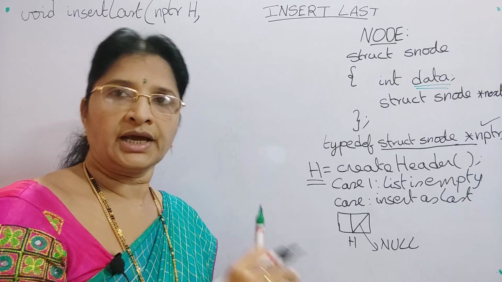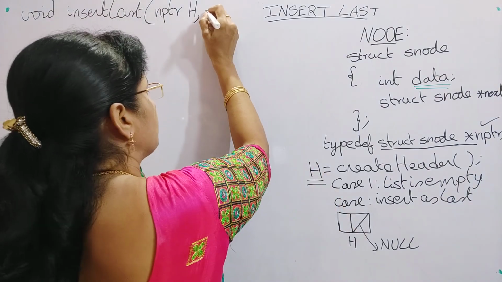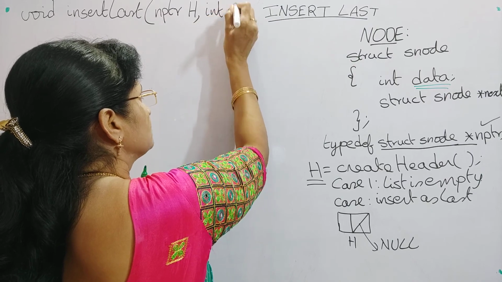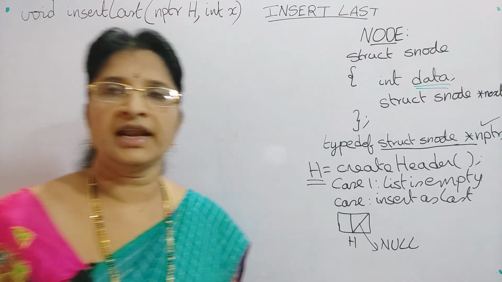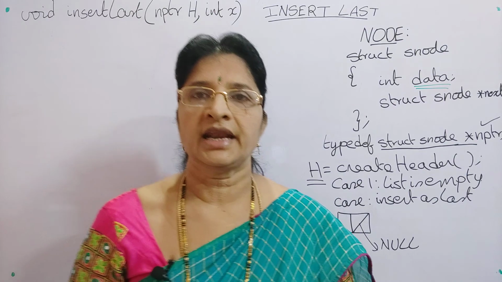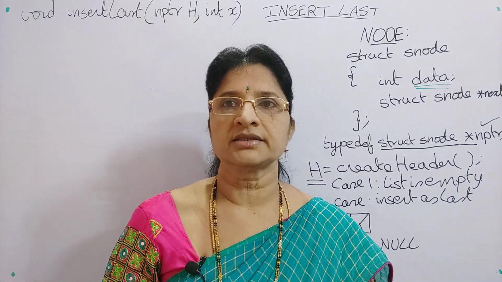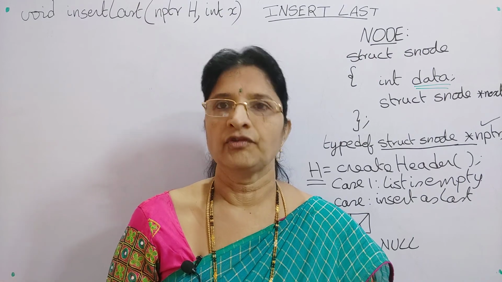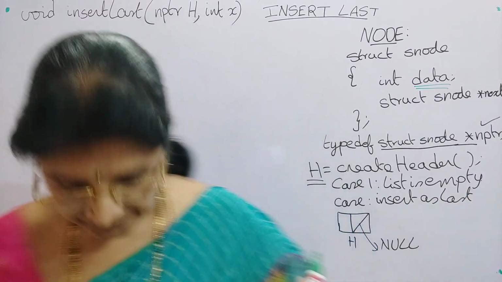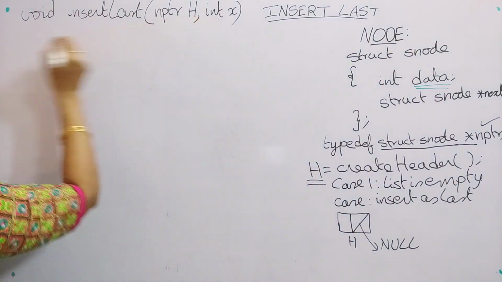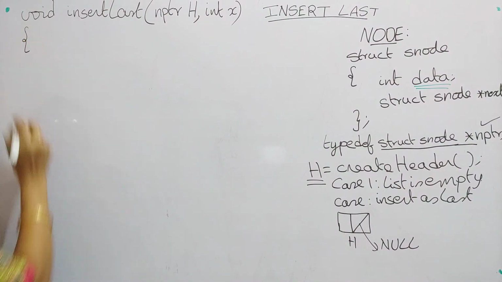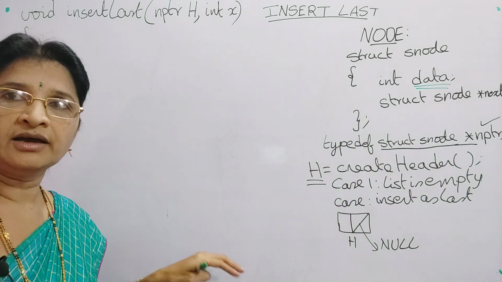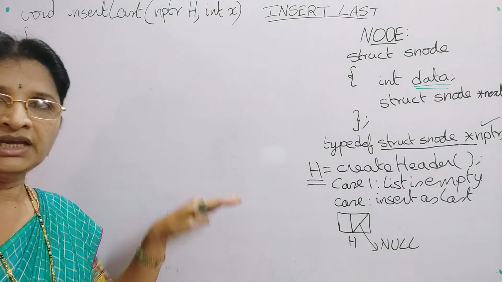Both are correct. For example, here I am passing the data as a parameter, which I am calling x. So I am passing 2 parameters: one is the header of the list and another is the value. Now these are the parameters, I have to start how I can insert the node as a last in my list.